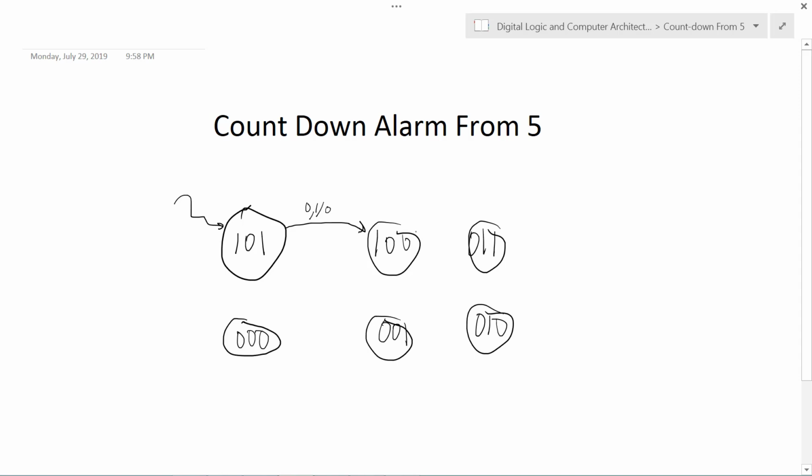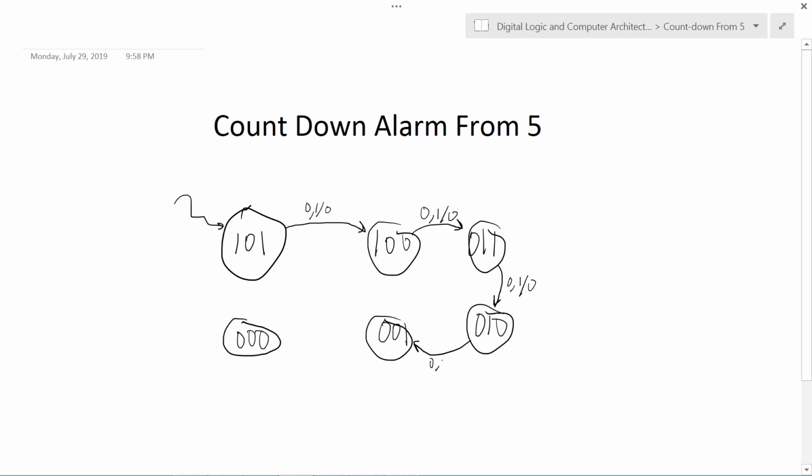The output is going to be 0 until we get to the first state, or the state 0. So on input 0 or 1, we're going to output a 0.